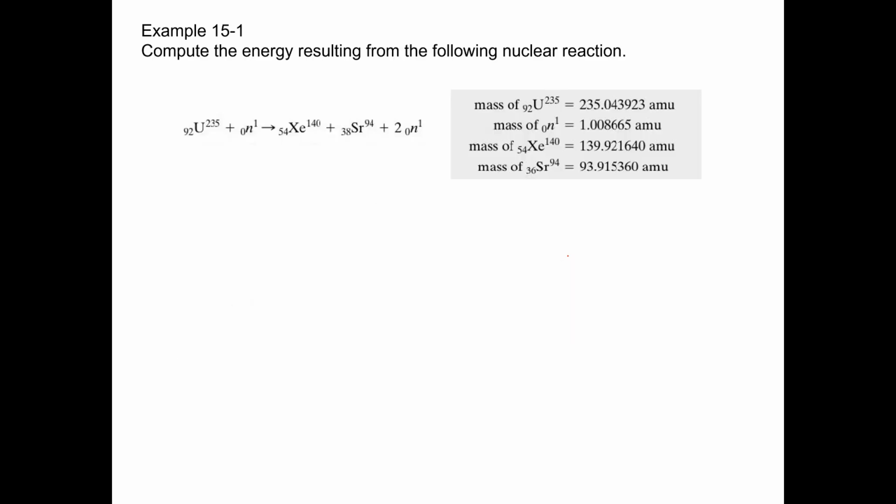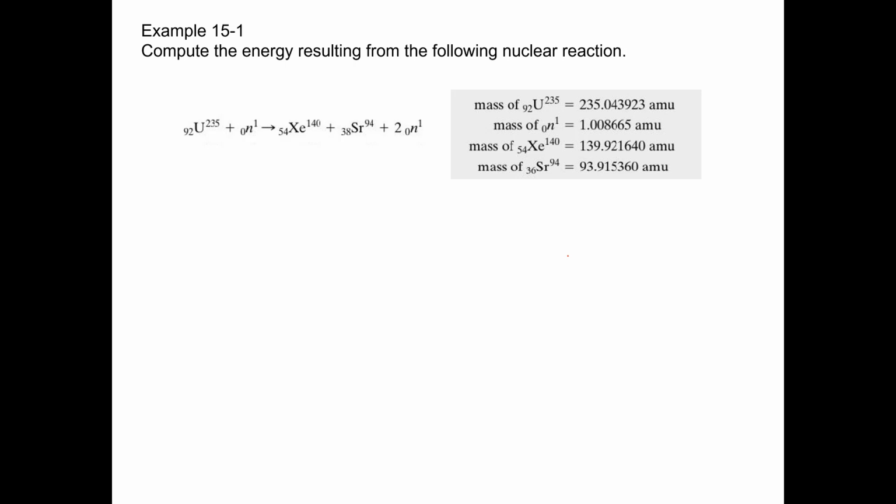Let's look at a quick example here. It says compute the energy resulting from the following nuclear reaction, where one uranium-235 with one neutron would yield xenon, strontium, and two neutrons.